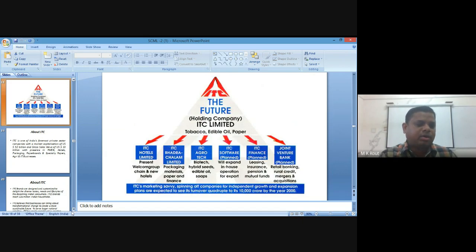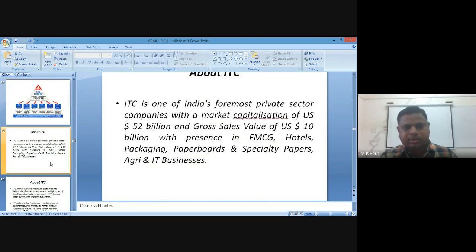If you think about ITC's overview, ITC is one of India's foremost private sector companies with a market capitalization of US 52 billion and gross sales value of US 10 billion, with a presence in FMCG, hotels, and also packaging. They are also making paper boards.